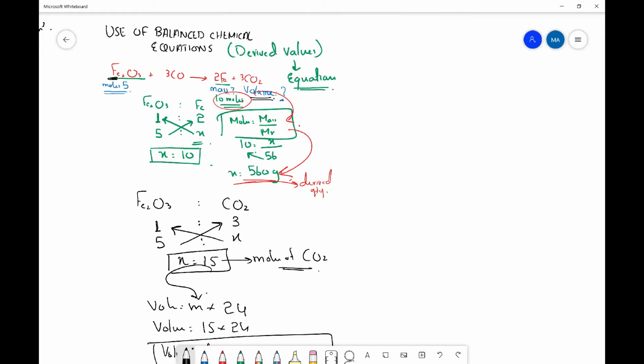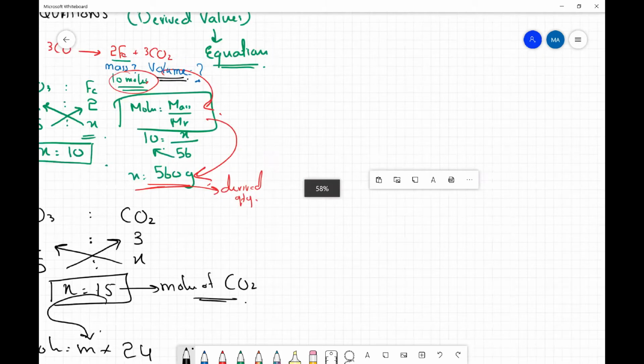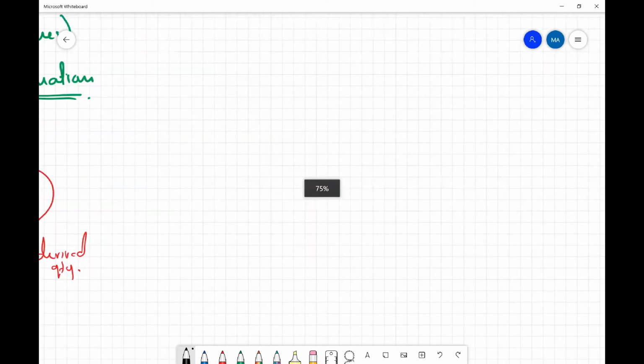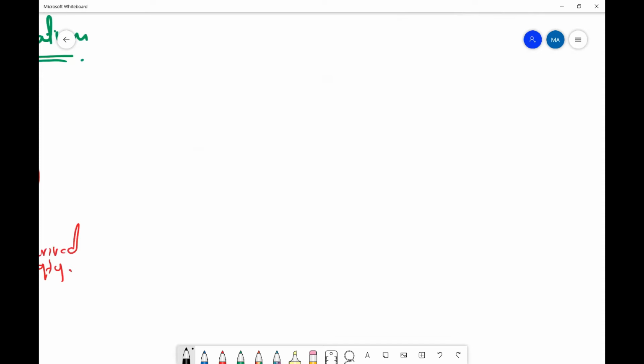All right. Now, we're going to do another similar example of using balanced chemical equations, because this part is the most important part here, because this topic, moles and the use of balanced chemical equations, is establishing a strong basis for the A levels chemistry exams, both the AS level and A2 level.